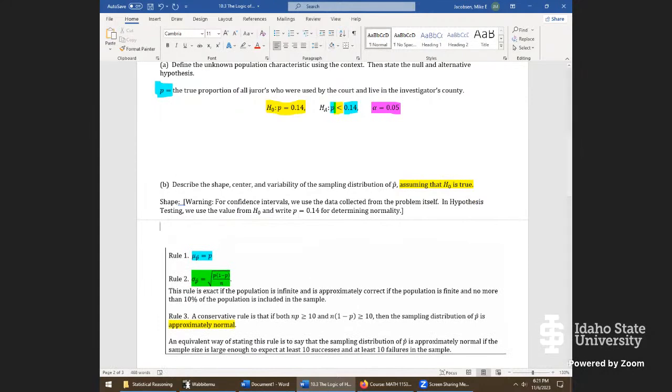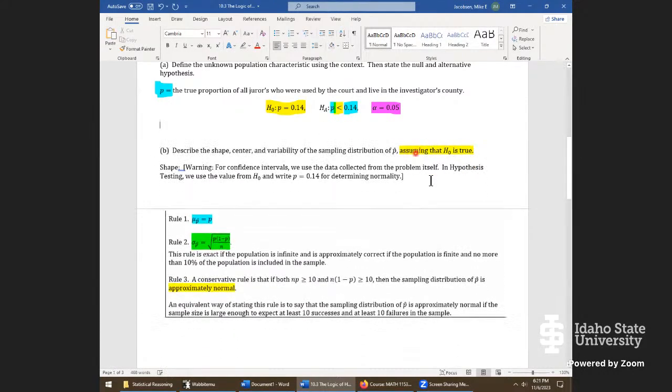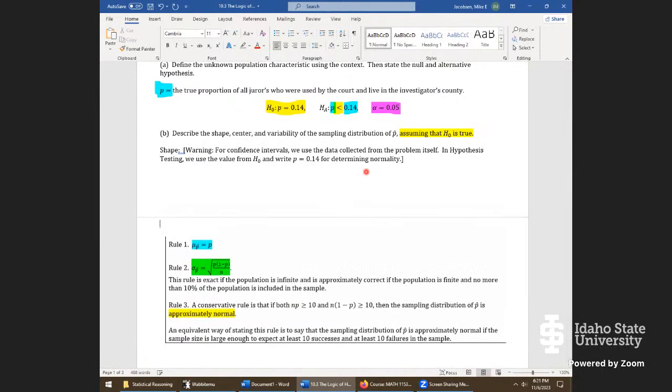So that's how we're going to assess the shape characteristic of this distribution. Let's now just take n times p, n times 1 minus p, and calculate those values.